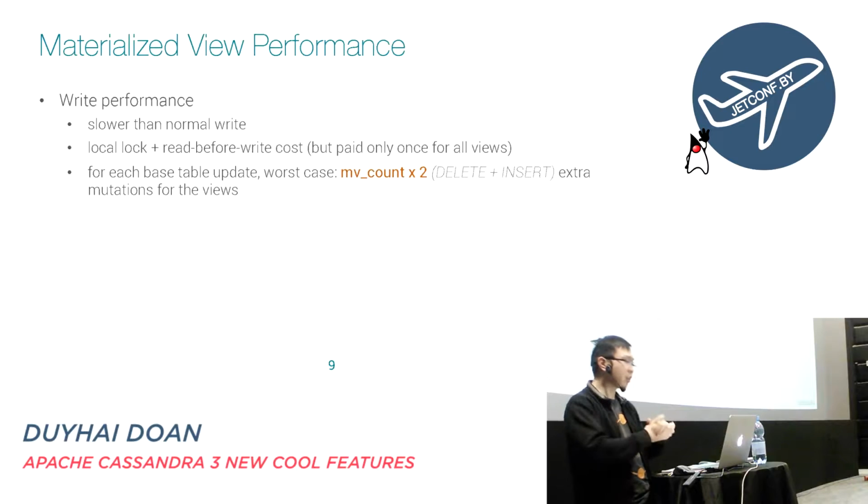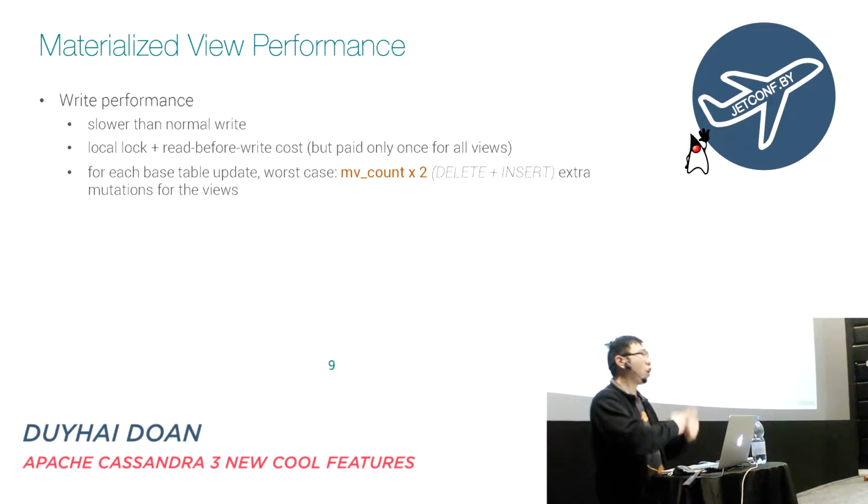Okay, but the cost is paid only once. If you have 1, 2 or 3 views, you only pay the cost once. Okay, and for each update, so each mutation to the cluster, Cassandra will create extra mutation for each view. Okay, so in worst case you will have 1 extra delete and 1 extra insert for each view.